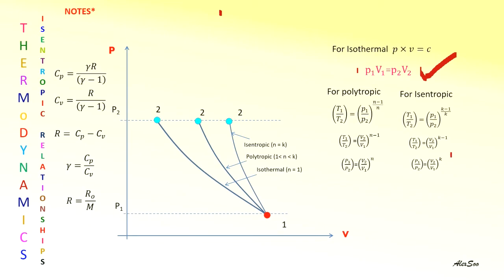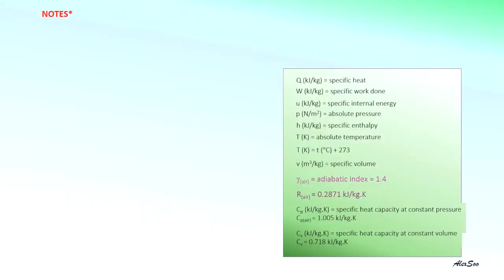This should be your gamma, or you can use K, which is called the isentropic or adiabatic index, and this is only for the polytropic process. If you want to find Cp or Cv or R or gamma, or in terms of Ro and M, you can use these formulas to find any of these if they are not given.